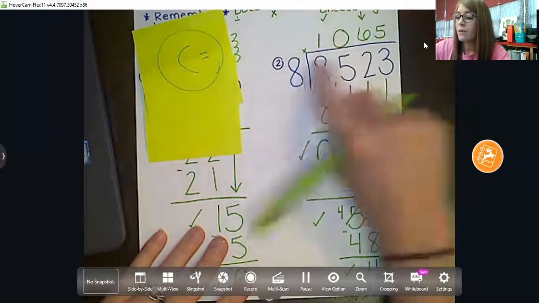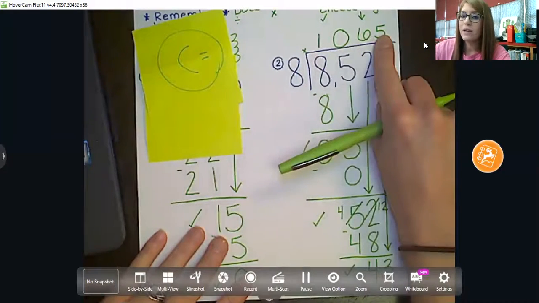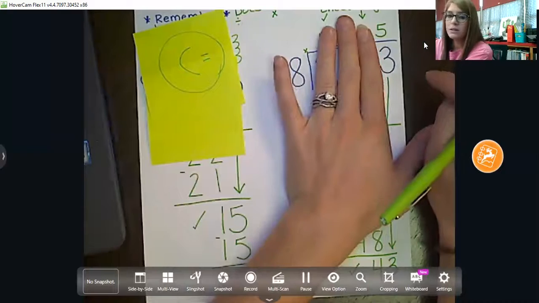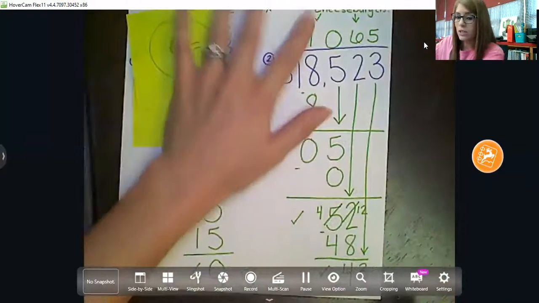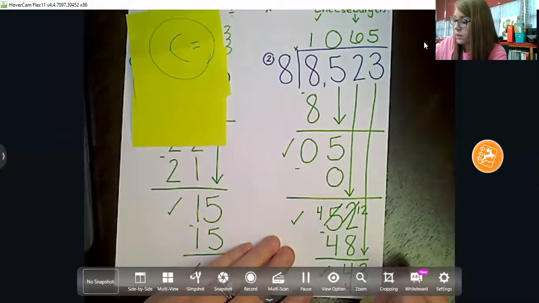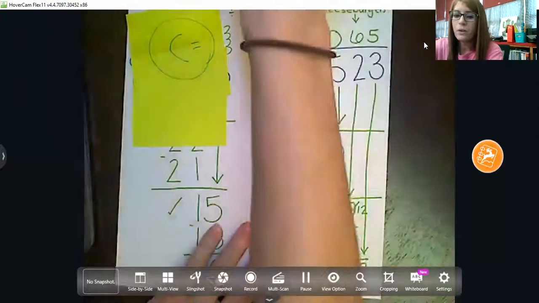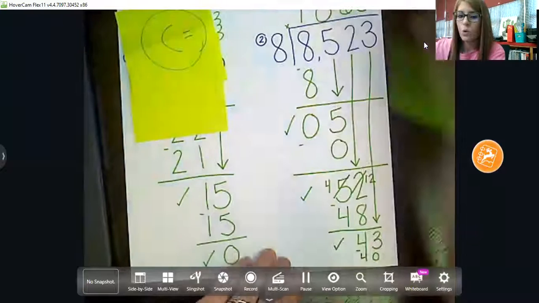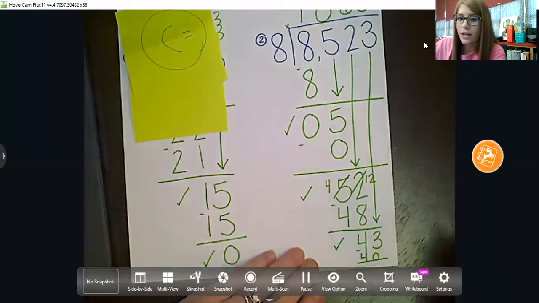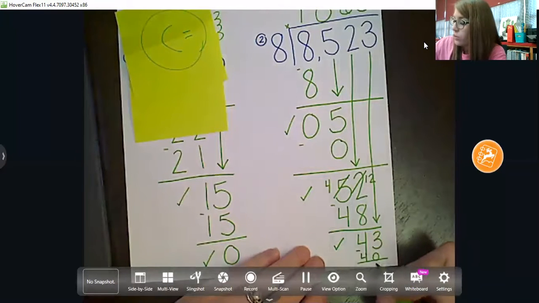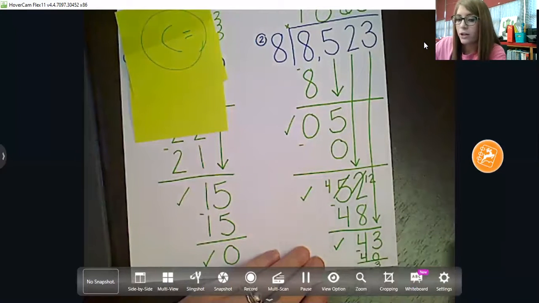8 times 5, now I'm multiplying. 8 times 5 is, because remember we're ignoring these, very good. It is 40. I'm going to have to squinch this up down here. All righty. When I subtract 43 minus 40, I get what? 3. Very good.